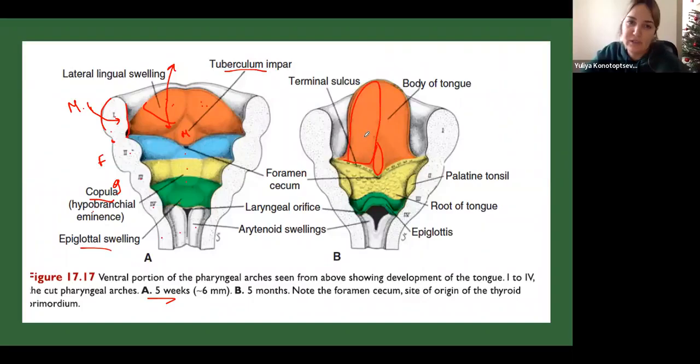The two lateral lingual swellings grow a lot, not only outwards, but also a little bit inwards. The yellow area, the floor of the third pharyngeal arch, also expands in the same direction.